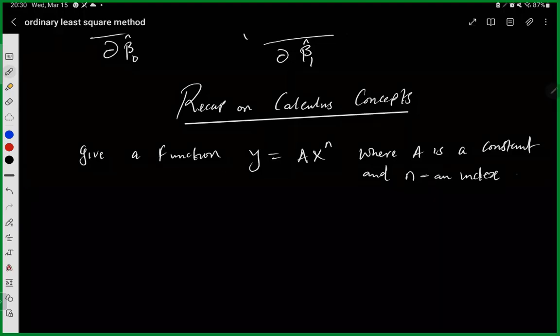If we're given a function like this to differentiate, we proceed as follows.